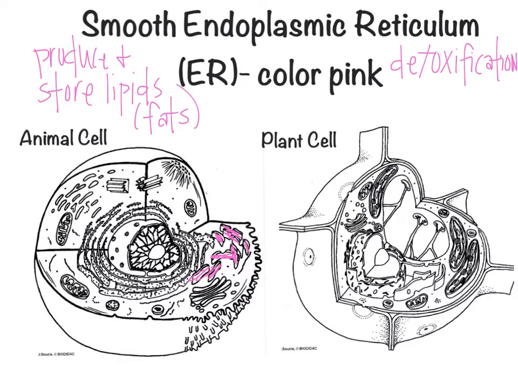Again, I hope your coloring's a little bit better than mine. And if we're looking at our plant cell, it would be all of these little membranes here. So that is your smooth ER, produces and stores lipids and is involved with detoxification.